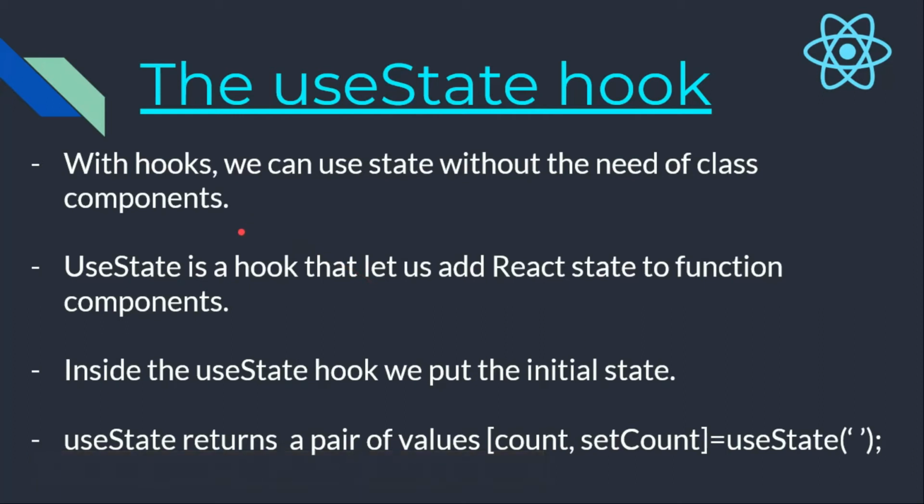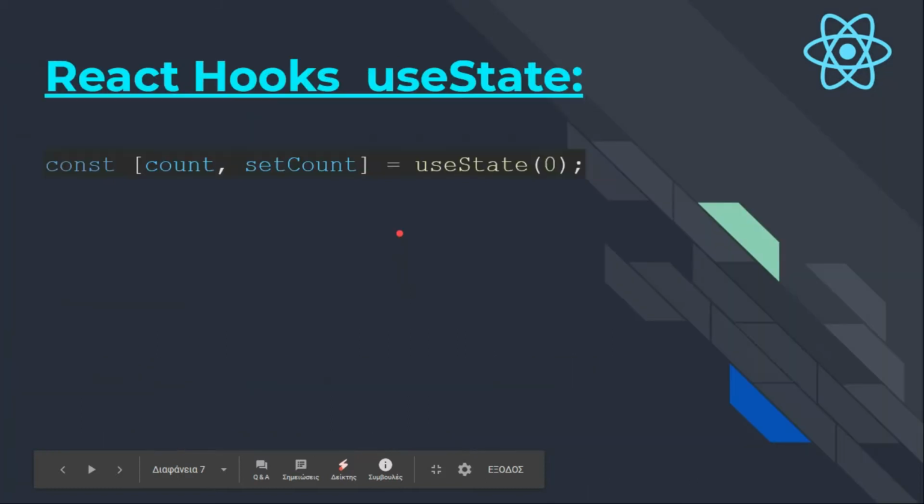So useState returns a pair of values, as I explained previously. For example, the count and set count, and here is the useState hook, and here the initial state that we pass, right? Okay, that was the introduction.